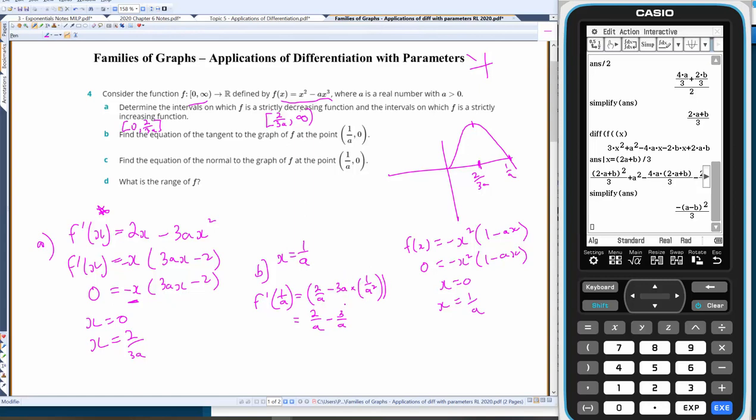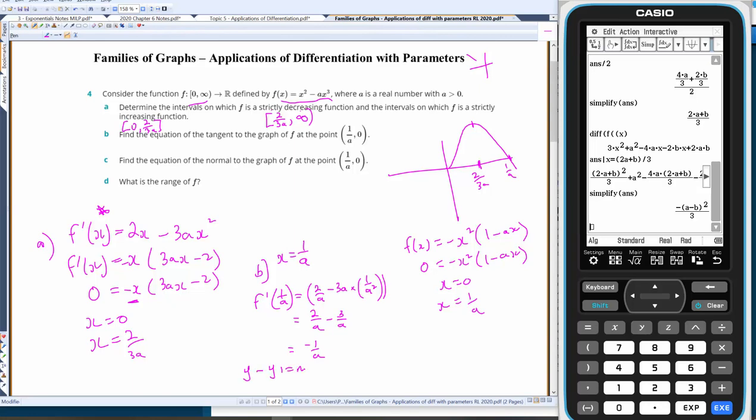When I multiply them, one of the A's will cancel out, leaving me with negative 1 on A. So at the point 1 over A, we're going to have a gradient of negative 1 on A.